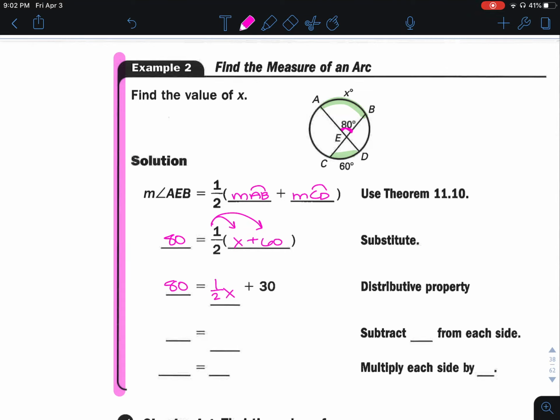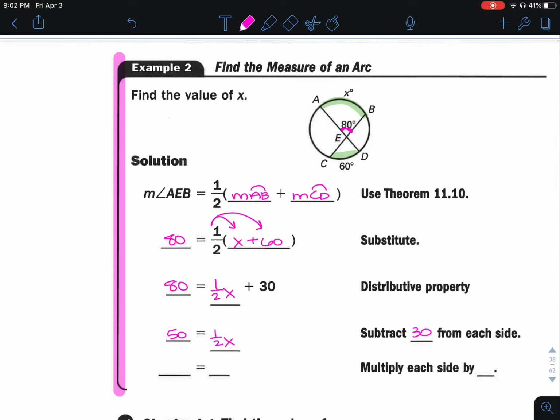So in order to get X by itself, I'm going to subtract that 30 over on both sides. So 80 minus 30 gives me 50, equals 1/2 X. Okay, well, I still need to get my X by itself. Right now I have a 1/2 attached to it. In order for me to get rid of a fraction, I'm going to multiply by the reciprocal.